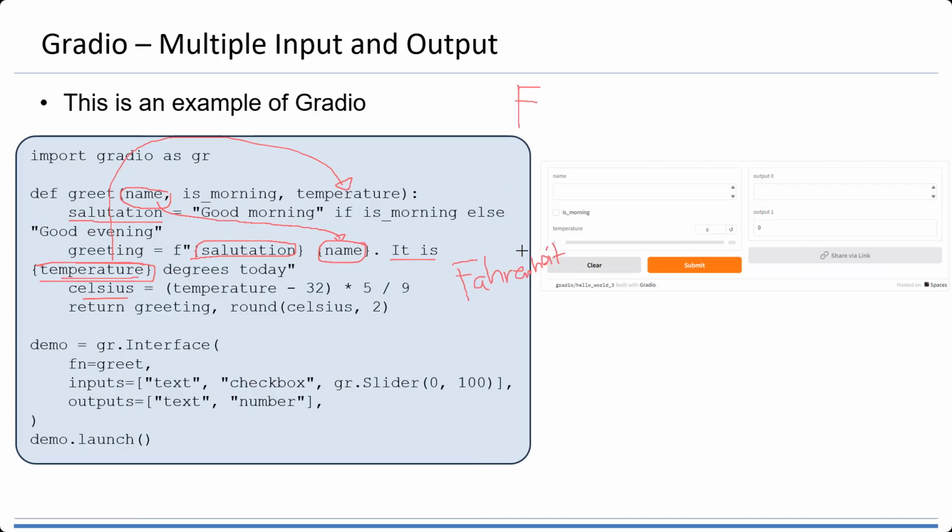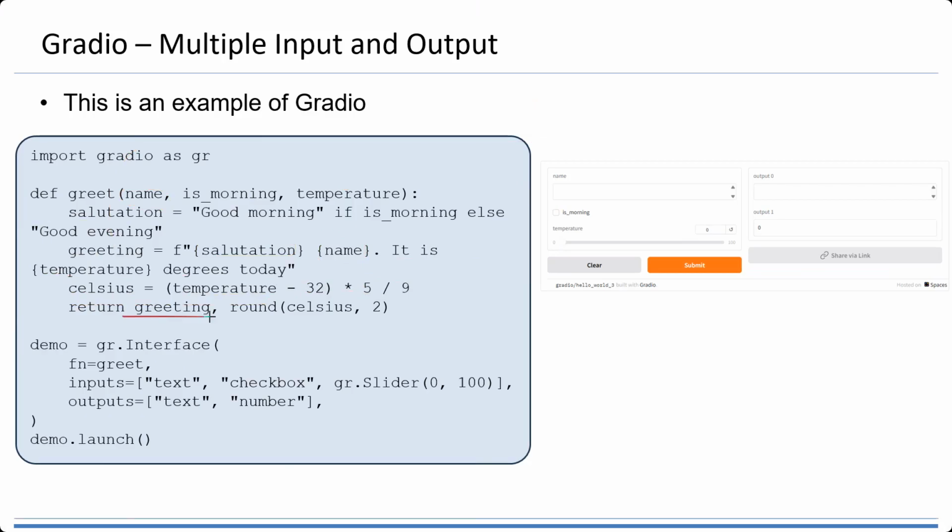F means Fahrenheit, usually used in the USA. And Celsius is used in Asian countries like Korea and Japan. We can change the temperature from Fahrenheit into Celsius by this formula: the temperature minus 32 multiplied by this ratio, and then we will get the temperature.